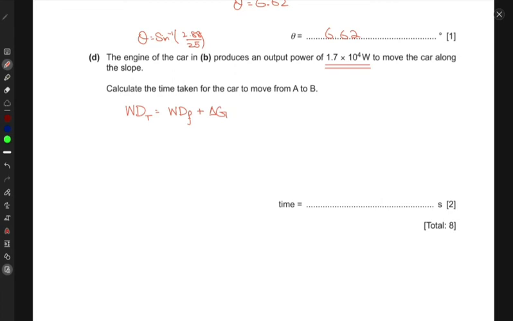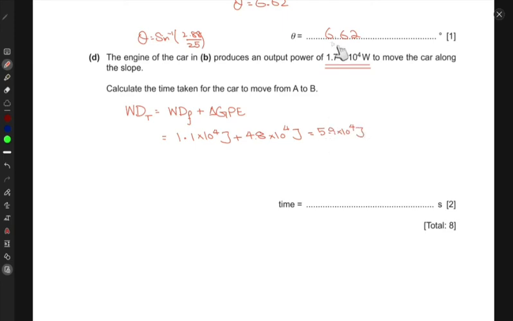Let's call that delta GPE. The work done against the frictional force is what we computed in the previous part as 1.1 times 10 raised to power 4 joules, and the change in potential energy is 4.8 times 10 raised to power 4 joules. The sum of these two gives you 5.9 times 10 raised to power 4 joules. So that is the total work done.